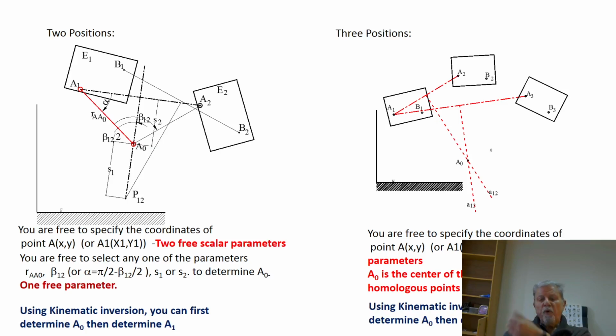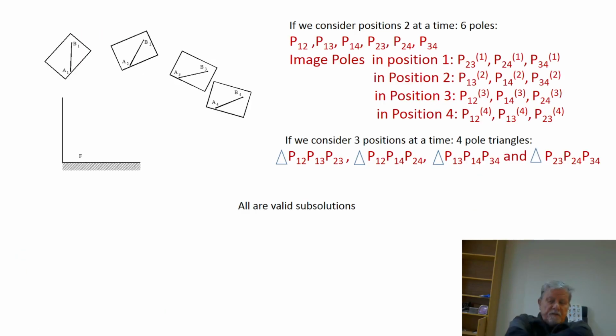We have a pole triangle defined by these three poles. That is the invariant. Now, in case of four positions, anything that we have set for two positions is valid, since you can take two positions at a time.